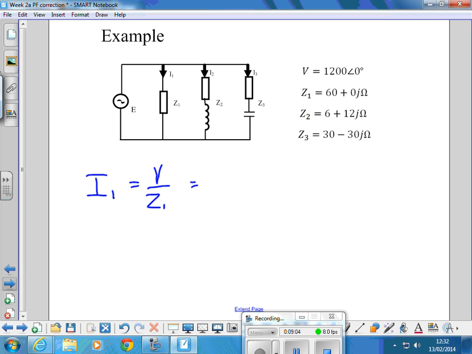It's just 1200. And Z1 is just 60. It's got no imaginary part. So it's 1200 over 60, which is 20 amps. No J part.